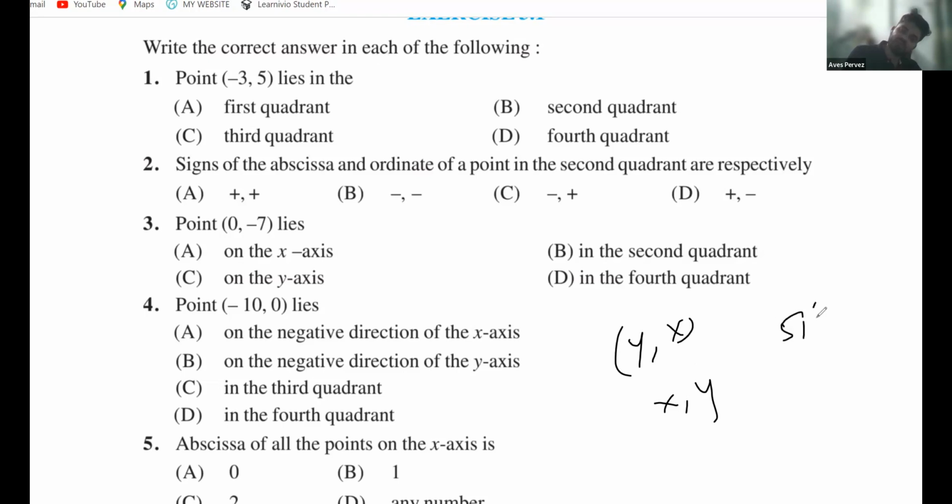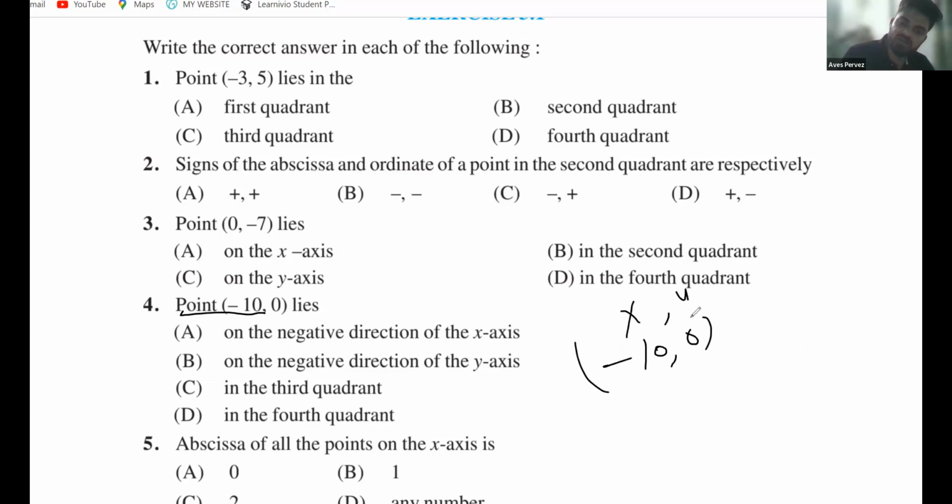When you write 5 comma 3, is the first x or y? Because we are writing, the first is always x. So if I say this point is -10 comma 0, it will be x, it will be y. So y is 0 and x is given, so it will lie on the negative of x.